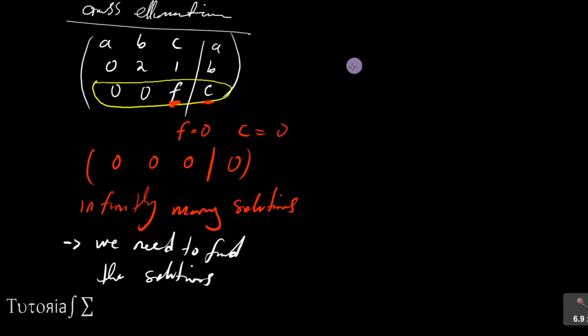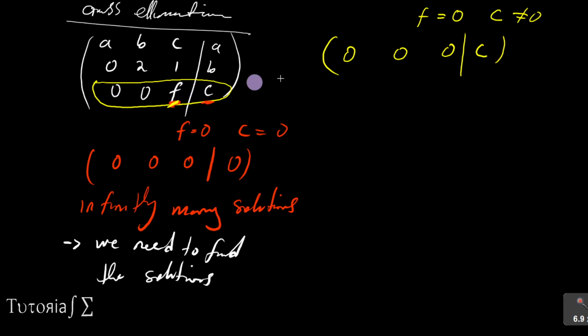Suppose in the last row, using yellow here, you have 0, 0, 0, then any other number here. So the F part, which is this, is equal to 0, and C is not equal to 0. Okay, you have something like that, 0, 0 up to the block there, and any other number here.